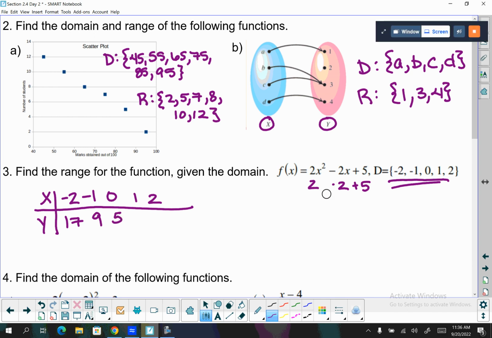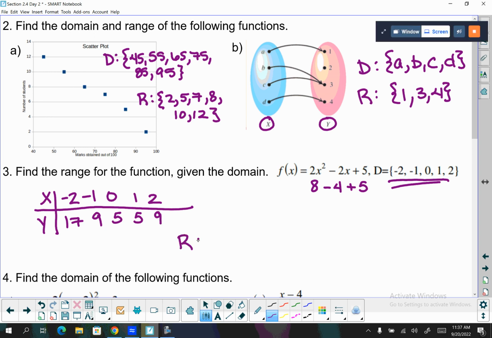If I plug a +1 in, the only thing that's going to change is my middle term is going to be negative, so 2 minus 2 plus 5 will also be 5. And then if I plug in 2, I'll have 8 minus 4 plus 5, so that's 4 plus 5 gives me 9.